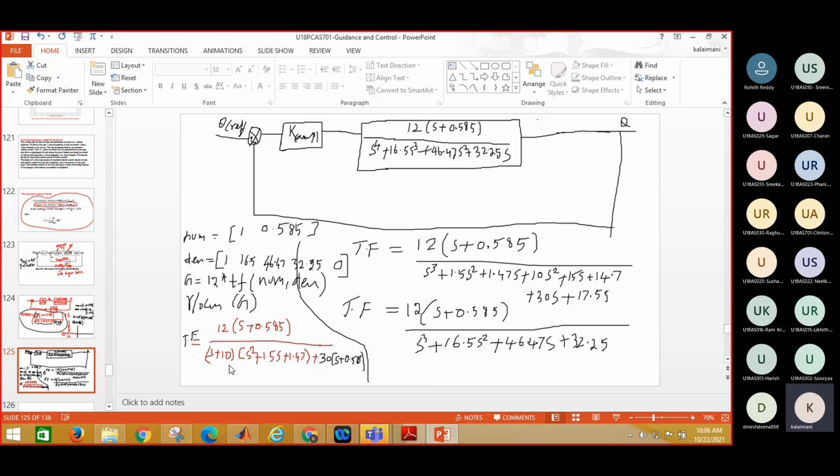Multiplying 10 into s square, and 1.5 s square, we will get s cube plus 16.5 s square.